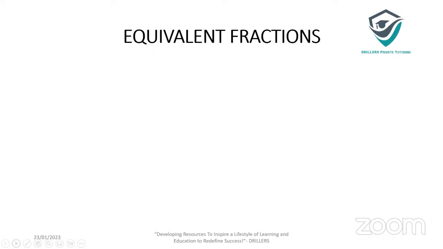Next we're going to talk about equivalent fractions. Equivalent fractions will more than likely be unlike fractions, which is why I have unlike in brackets and in red. They are fractions that have the same value.